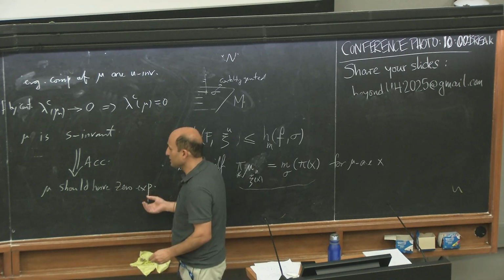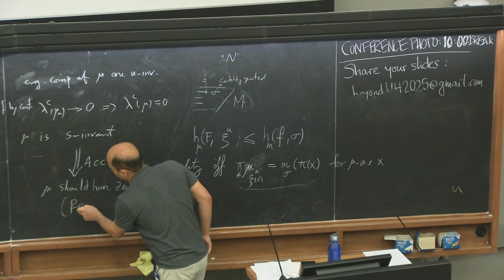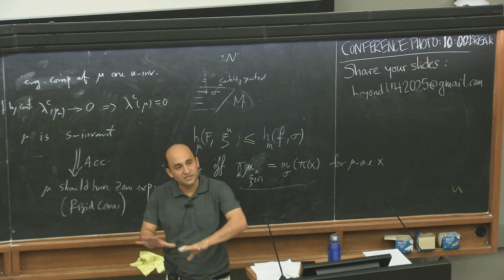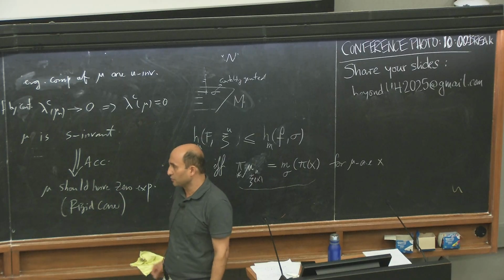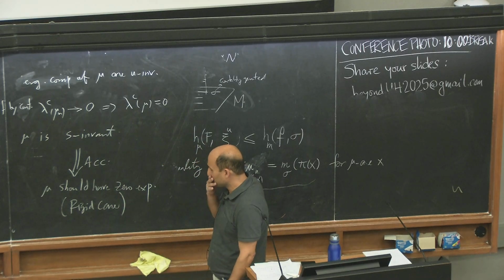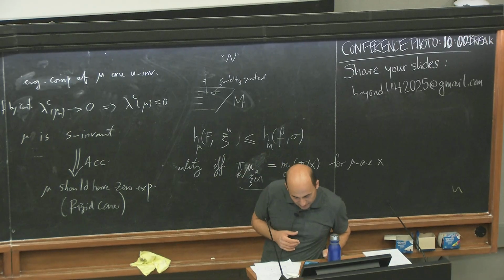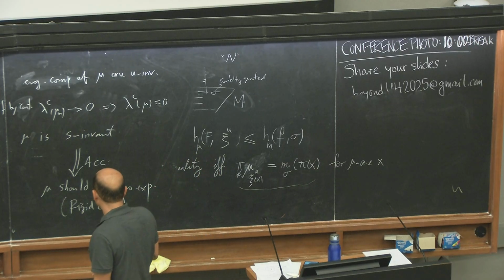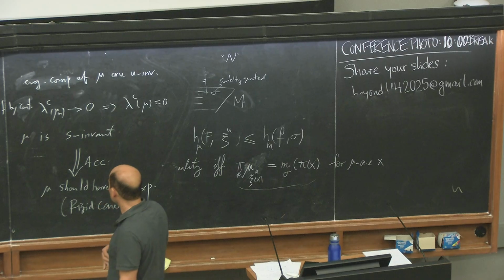This is called the rigid case in the classification of MMEs for this class of dynamics. Okay. And this is a contradiction. Yeah. What? It should be what?